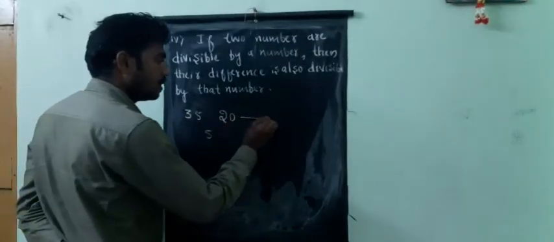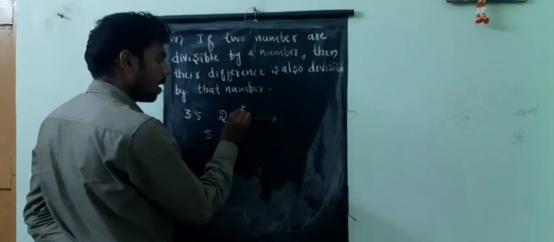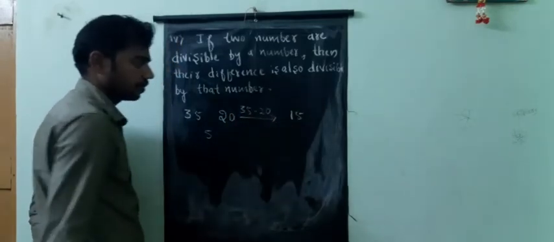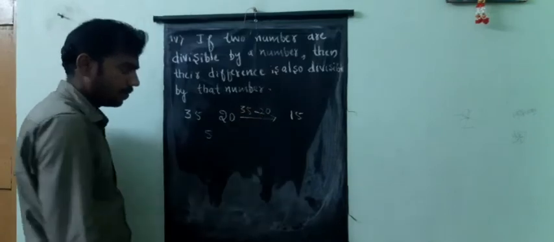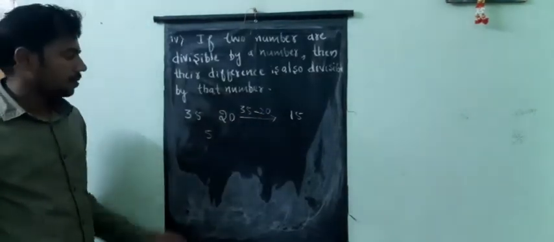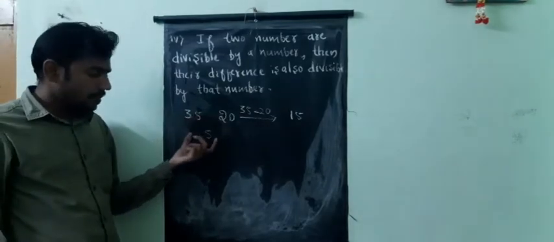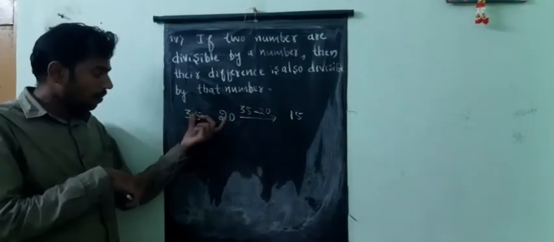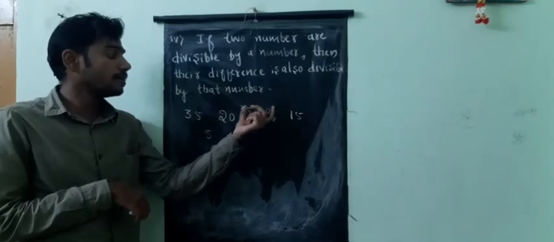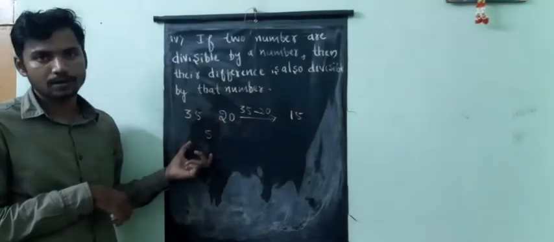If I take the difference, 35 minus 20 is nothing but 15. Is 15 divisible by 5? Yes, it is divisible by 5. So, if two numbers are divisible by a number, then their difference is also divisible by that number.